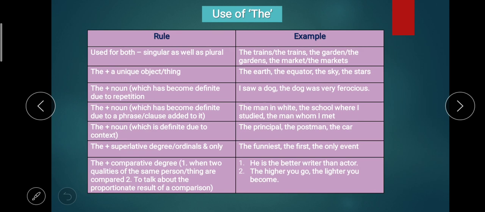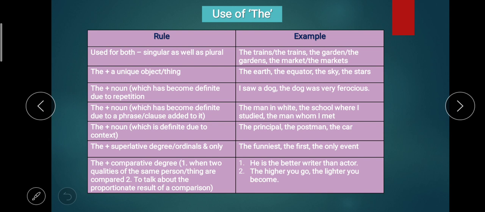Coming to the next: use of the. Use of the is far more comprehensive than a or an. Let's see. A or an are used only with countable and singular nouns. This is the condition. But the can be used with countable nouns as well as uncountable nouns, and with singular nouns as well as plural nouns.